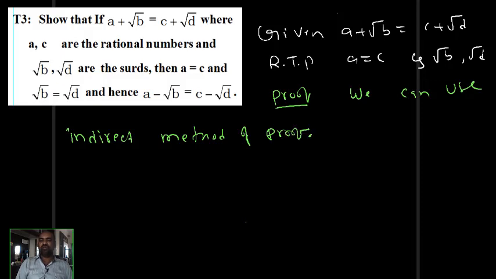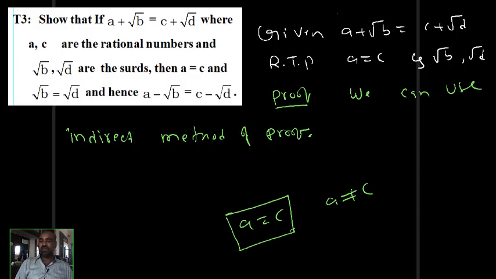What do we actually want to prove? A equal to c. In the indirect method of proof we assume that a is not equal to c and proceed. After applying some logical steps, at a stage you get a statement which is mathematically wrong, and at that stage you conclude that what we assumed is wrong, which means the given data is correct. This is called the indirect method of proof. Once again, listen students, you want to prove that a equal to c.